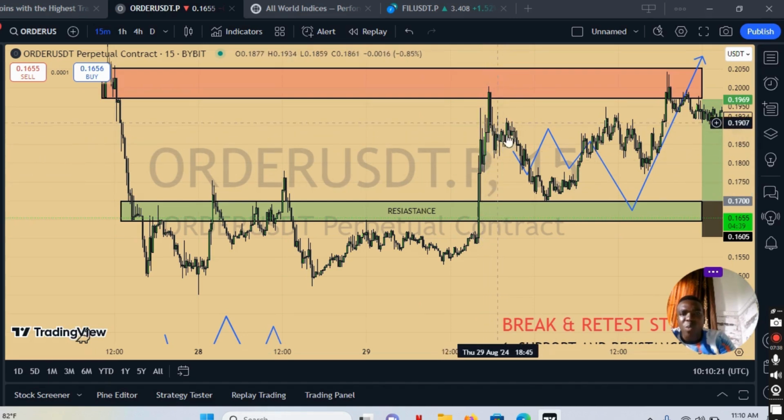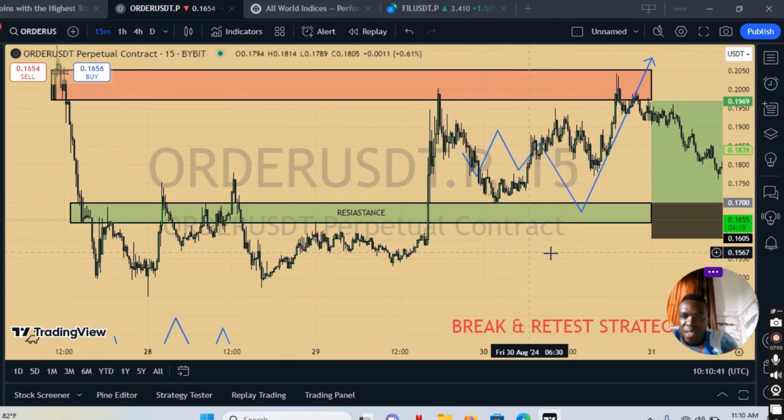When price was still at this level, this was just my call. When price was coming down to this level, nothing stopped me from entering here, but there was no psychological level around this zone.